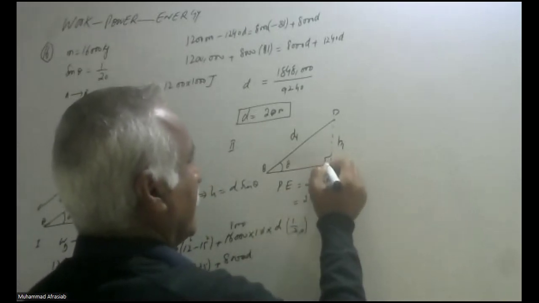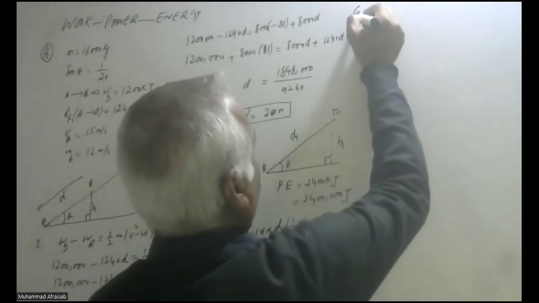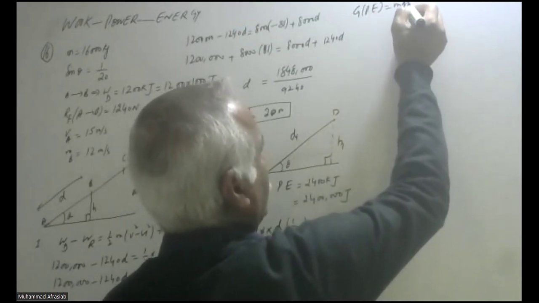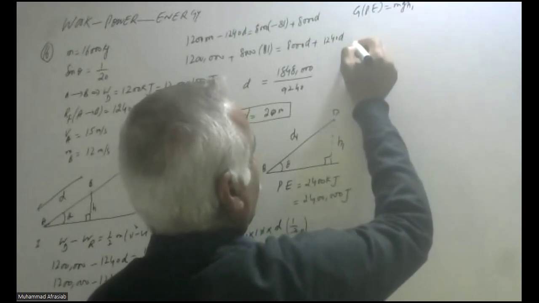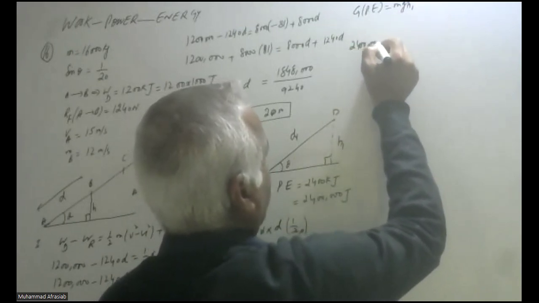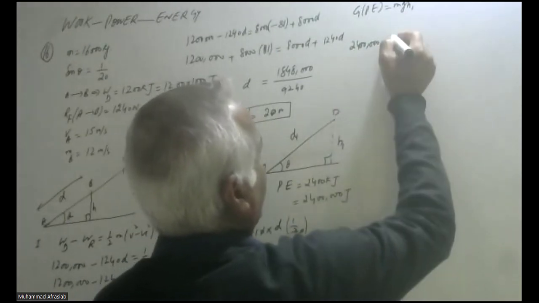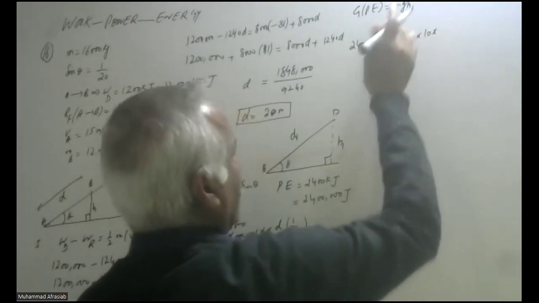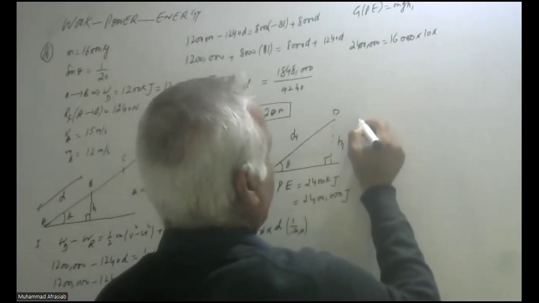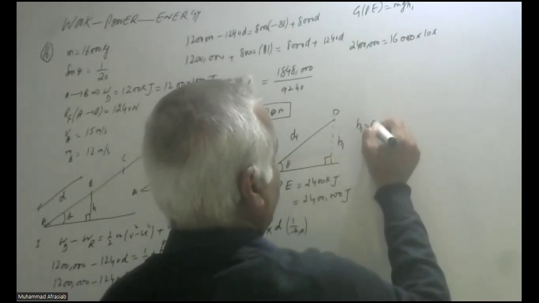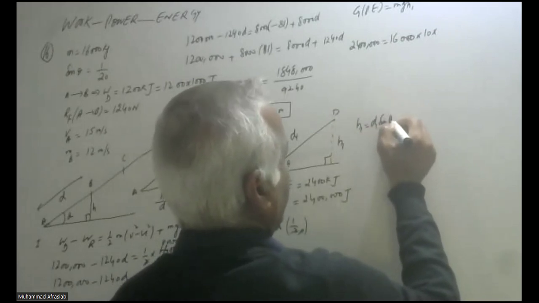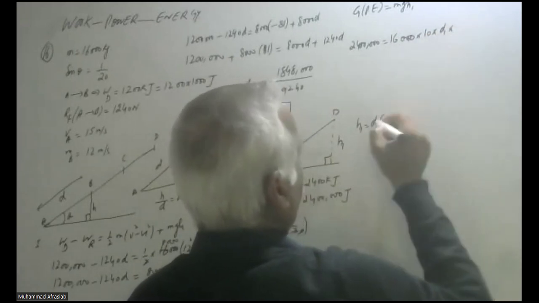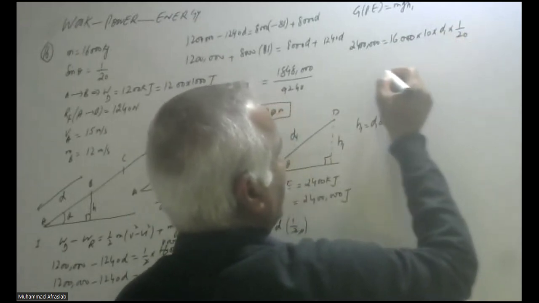We know that the gain in potential energy is basically equal to mgh1. So 2,400,000 is equal to the mass of the particle, 16,000, g is 10, h1, and from this portion h1 is basically equal to d1 sine theta. d1 we don't know, but sine theta is equal to 1 over 20.